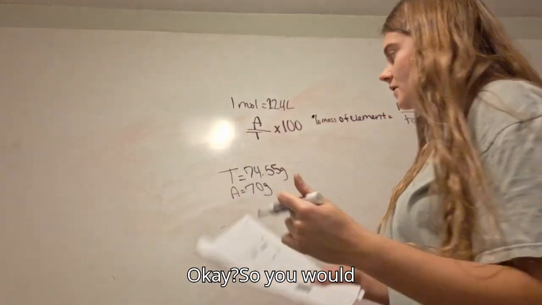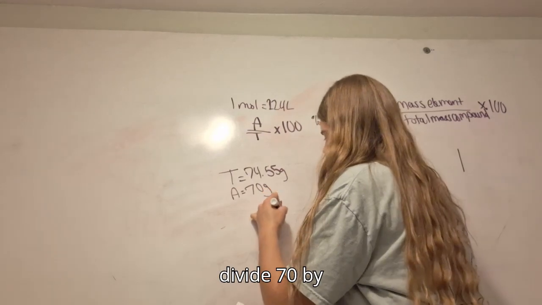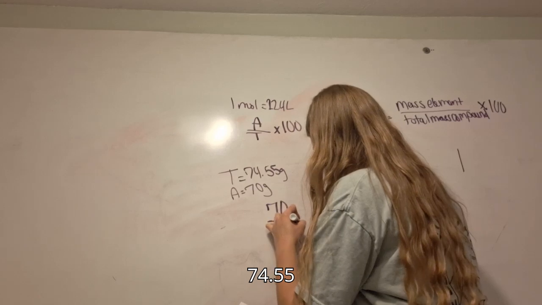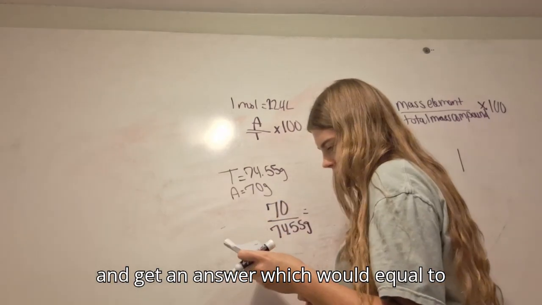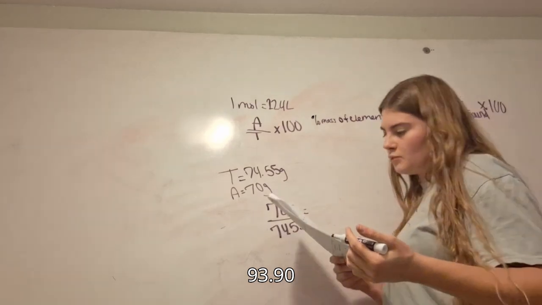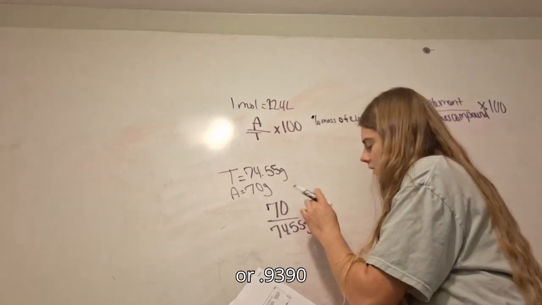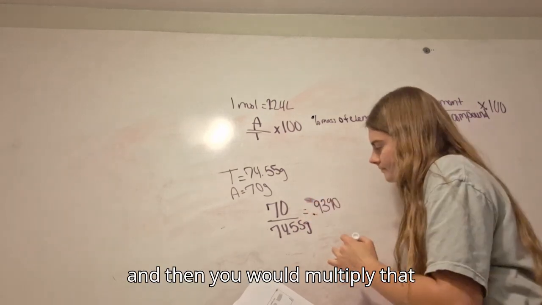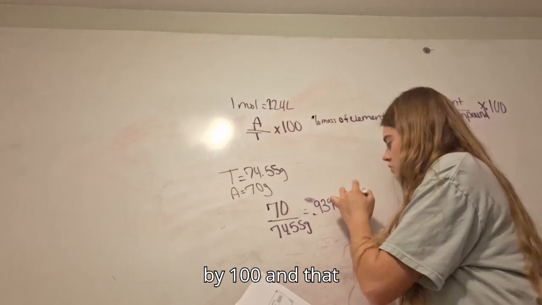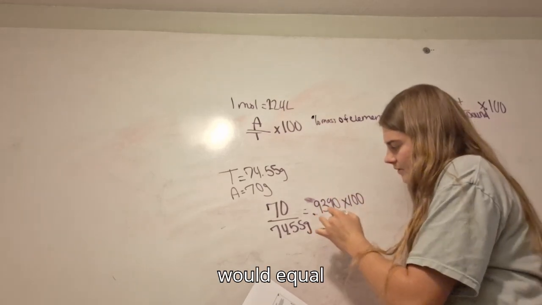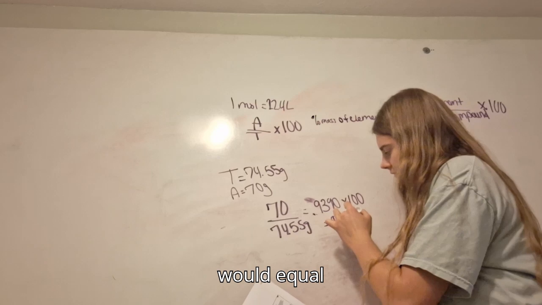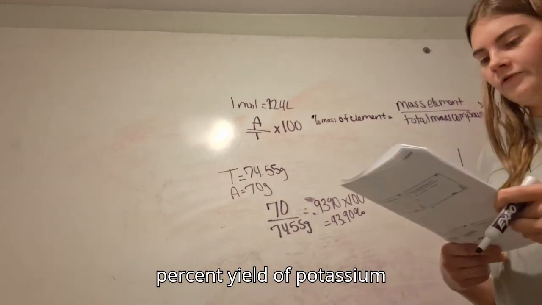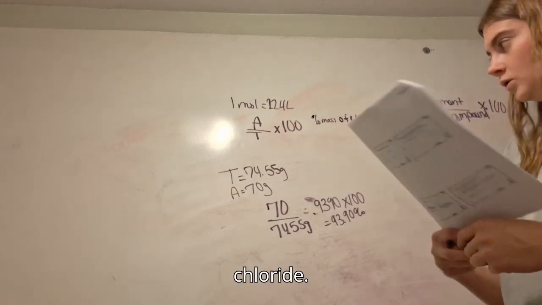So you would divide 70 by 74.55 and get an answer which would equal 0.9390. Then you would multiply that by 100, and that would equal 93.90% for the percent yield of potassium chloride.